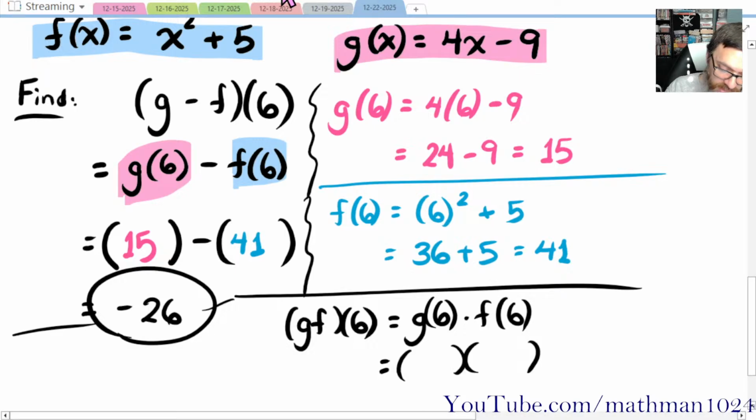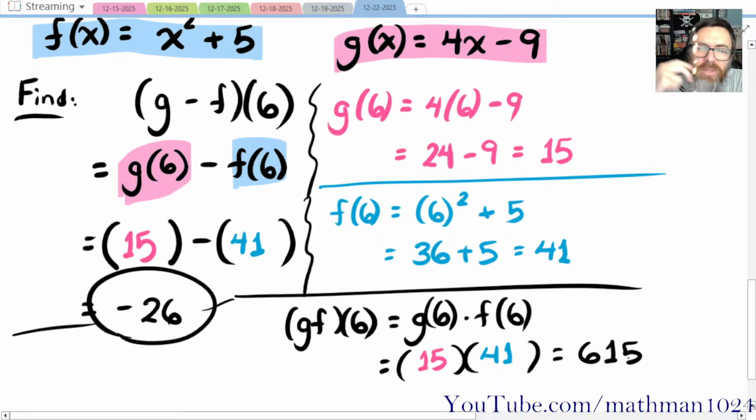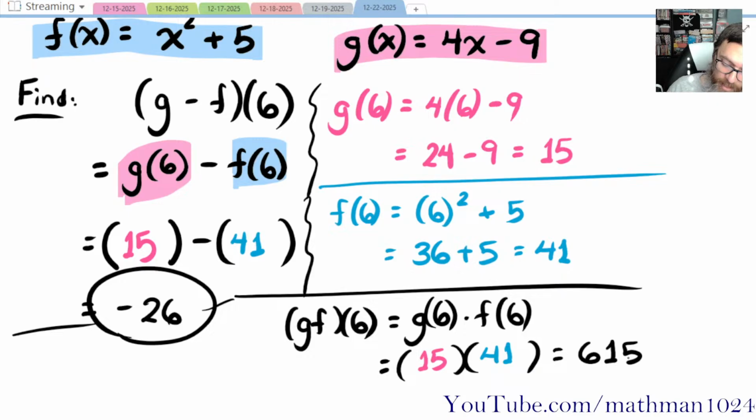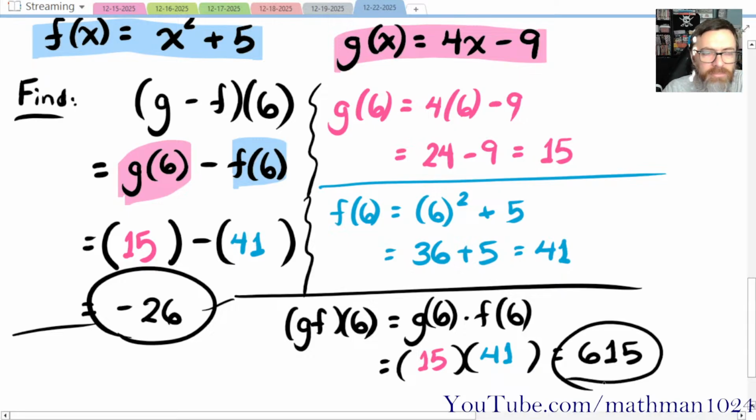So we've got g of 6 is 15, f of 6 is 41, and then we multiply these guys together, and that should give us 615 if I've done the math correctly. Let's see, 600, yeah, 615. Of course, if I'm wrong, you guys will let me know in the comments, right?